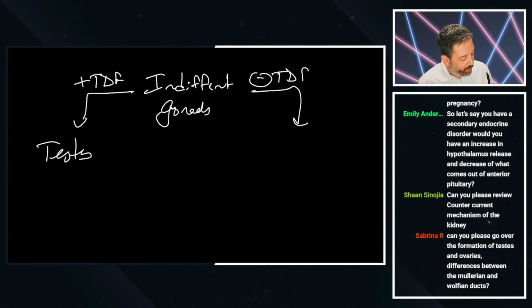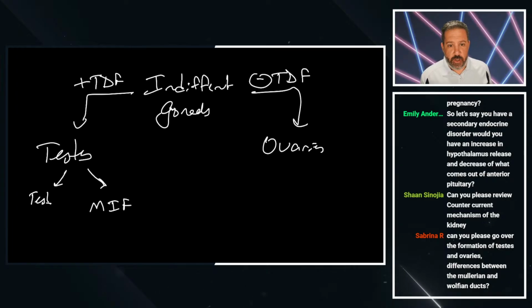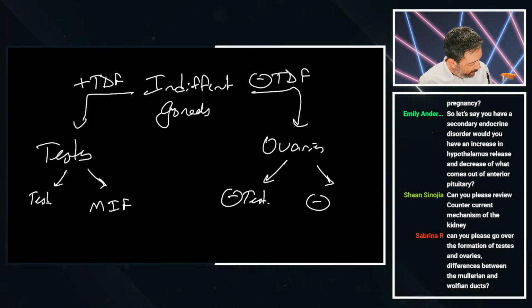Without the presence of TDF, you will get ovaries. The testes will then start secreting testosterone, but it also starts secreting Müllerian inhibition factor. This Müllerian inhibition factor is going to have a role pretty soon, and we'll get to it in a second. In the ovaries, because obviously they're not testes, they will have no testosterone, and they will also not have any of the Müllerian inhibition factor.